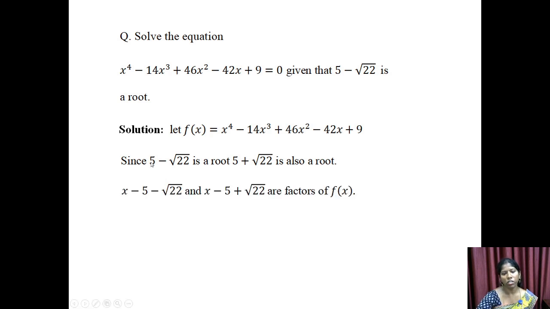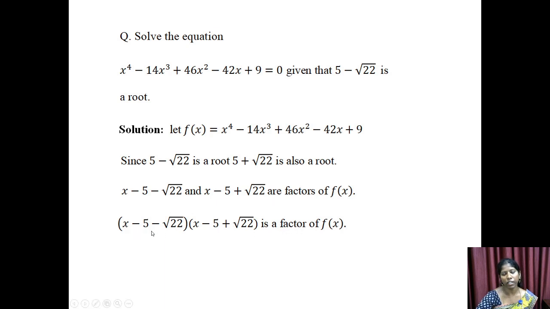Now let's write down these roots in factor form. So x minus 5 minus square root of 22 and x minus 5 plus square root of 22 are factors of f of x. So we can multiply both of them and this will be a factor of f of x.